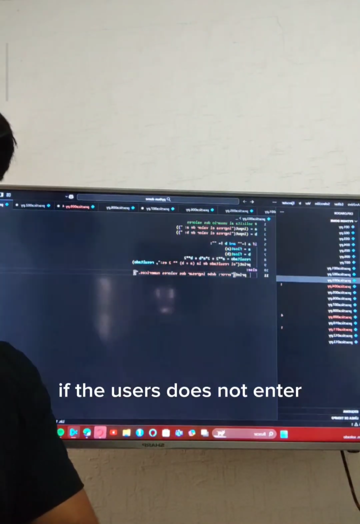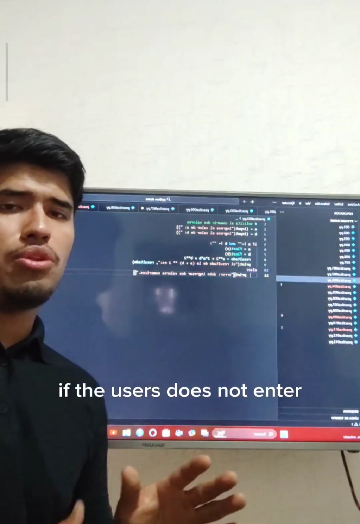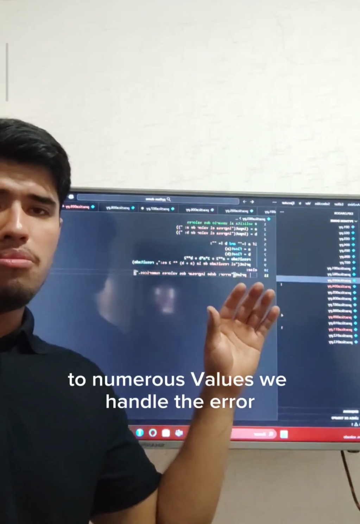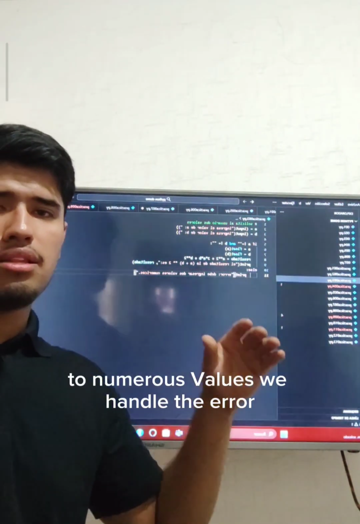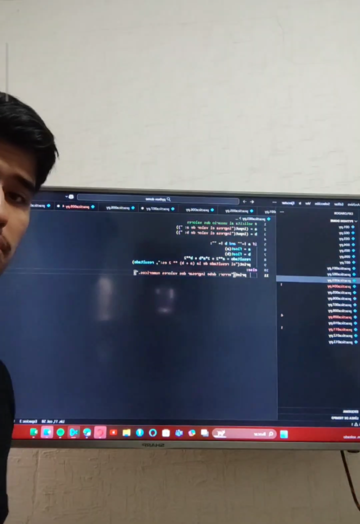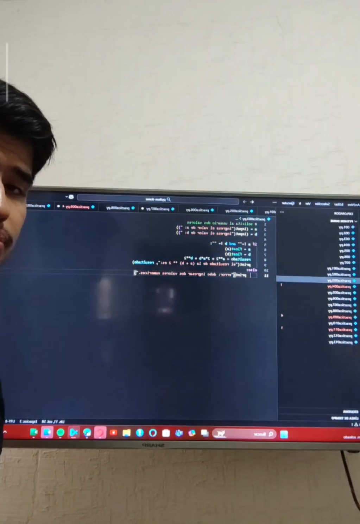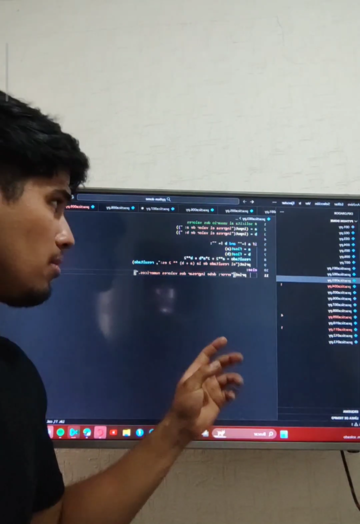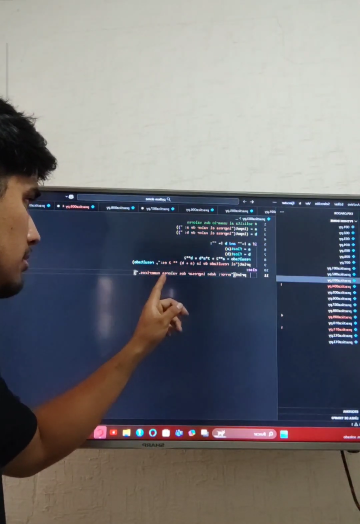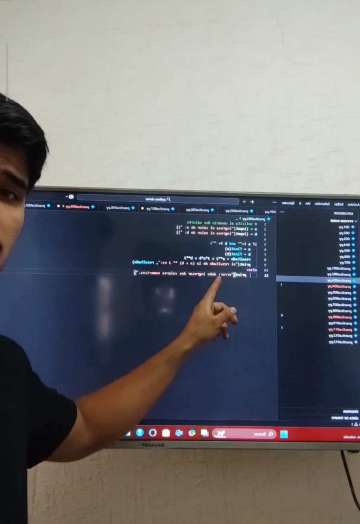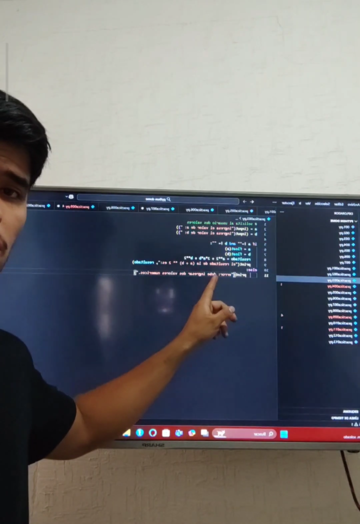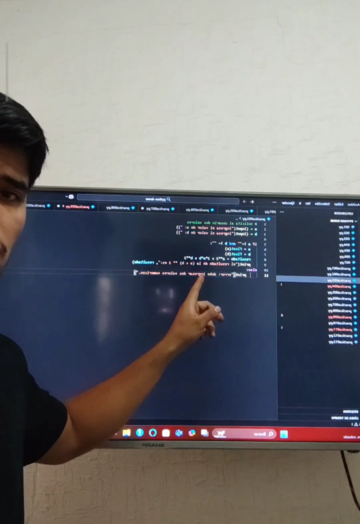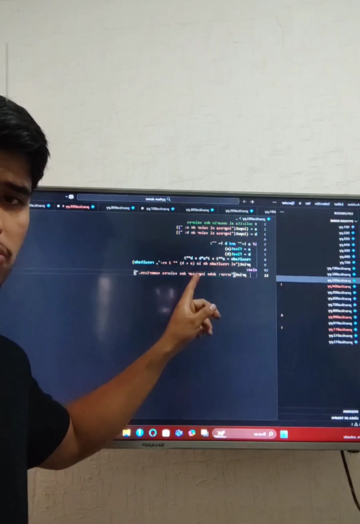If the user does not enter numeric values, we handle the error. Except ValueError: you must enter numeric values.